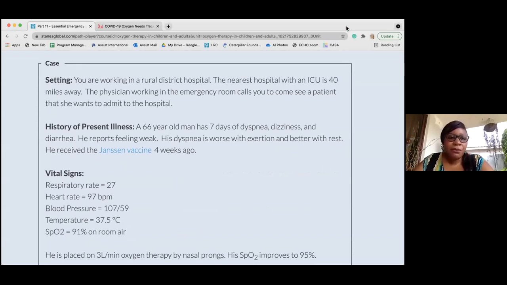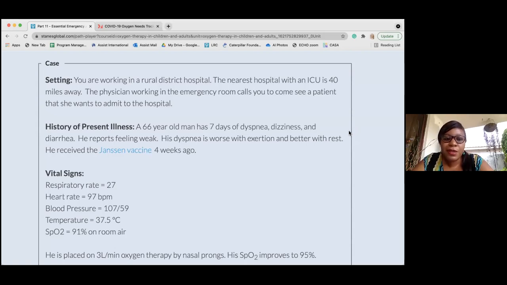Okay. So we go back to our case of Mr. G today. The setting is that you are working in a rural district hospital. The nearest hospital with an ICU setup is 40 miles away. The physician who is working in the emergency room calls you to see a patient that she wants to admit to the hospital.